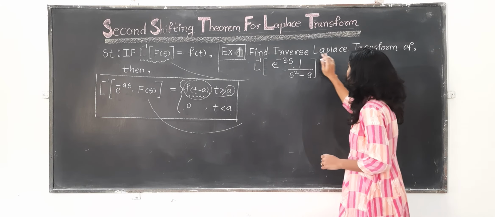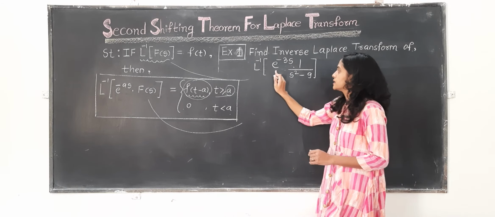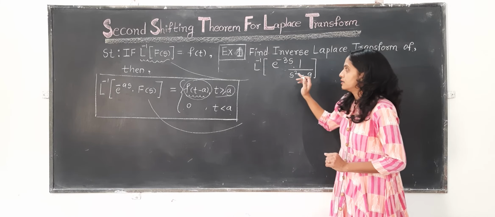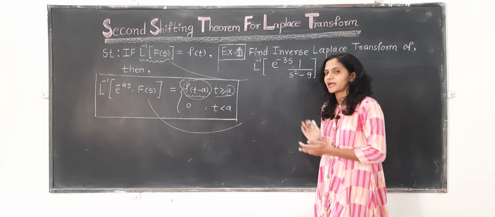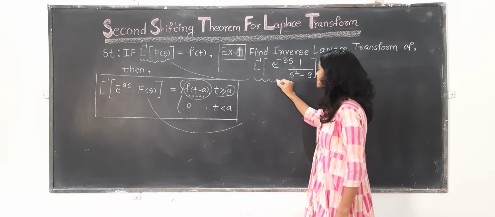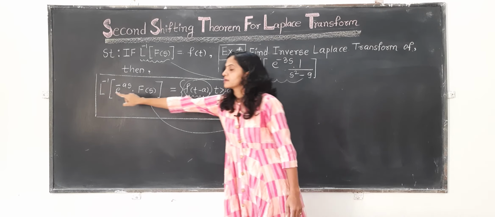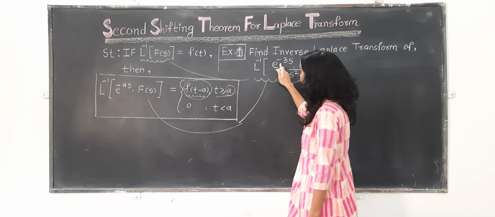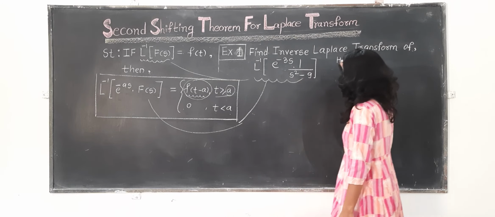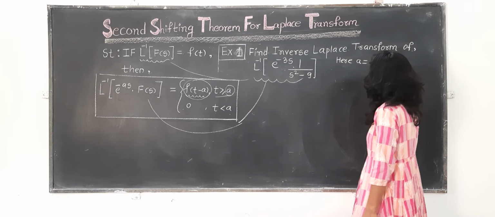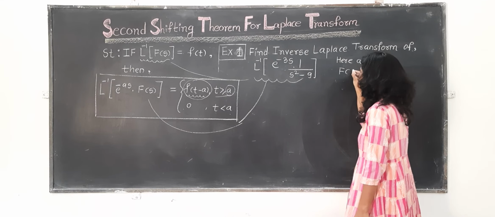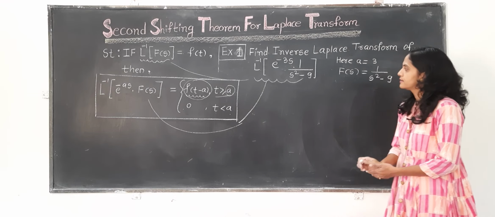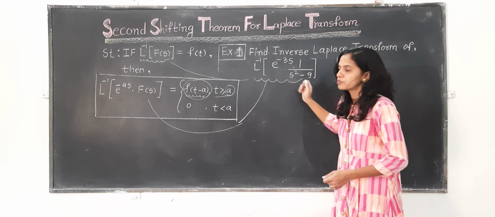Find the inverse Laplace transform of e raised to minus 3s into 1 upon s square minus 9. Students, in the exam you can easily identify this type because this expression is similar to L inverse of e raised to minus as into f of s. Here the value of a is 3. The value of f of s is 1 upon s square minus 9, right? So here we want to find the L inverse of this function.